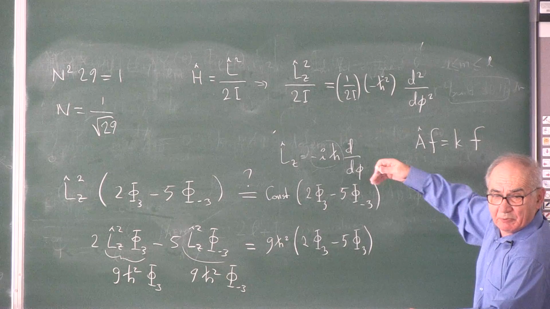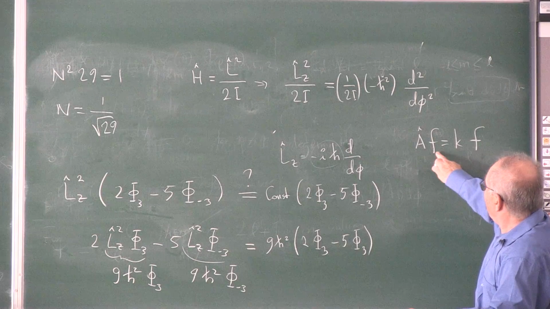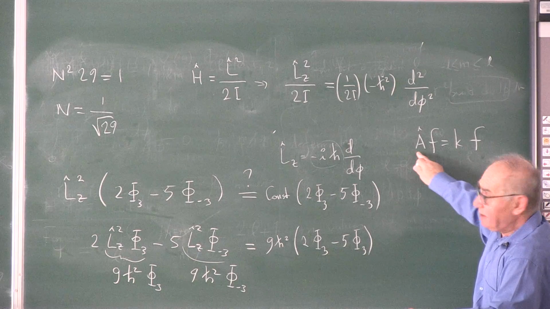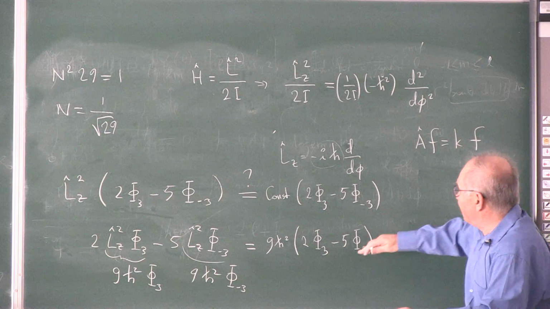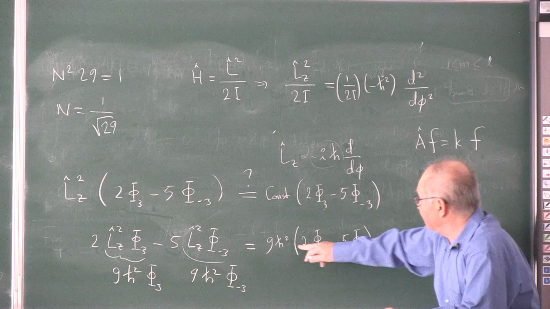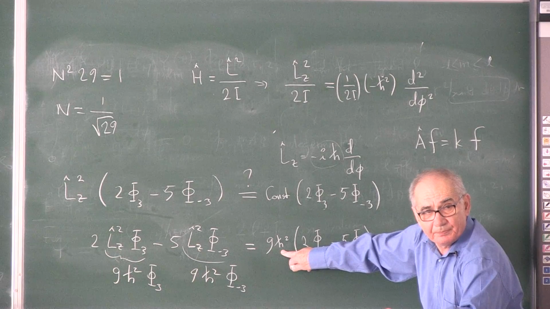This is what we mean by the eigenvalue, eigenfunction equation. F is called the eigenfunction of operator A, and K is the eigenvalue. So, when you compare this expression with this one, what is your answer? Is this a constant? 9 times h bar square.